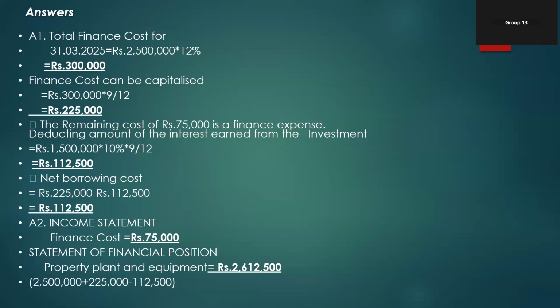So the total property, plant and equipment amount will be 26 lakhs and 12,500 rupees. So that's our calculation for LKS 23. We have done a particular calculation on this LKS.